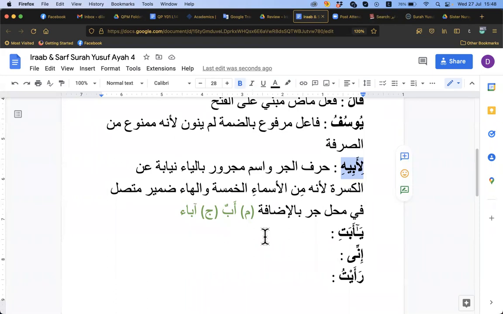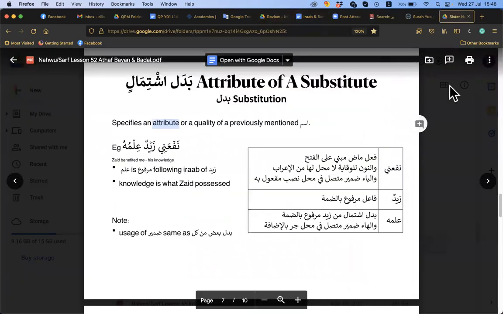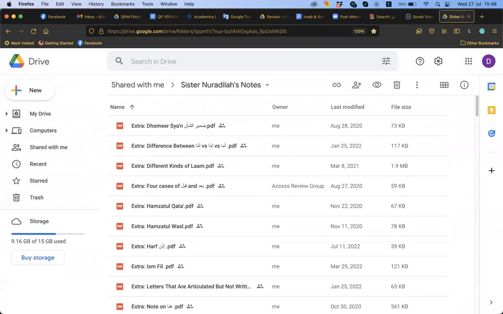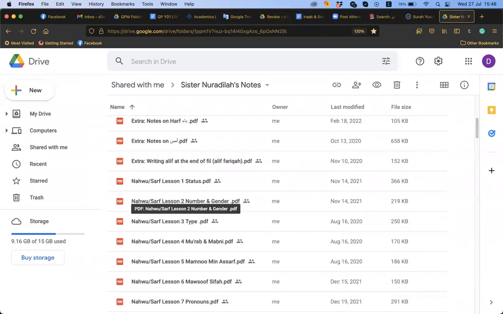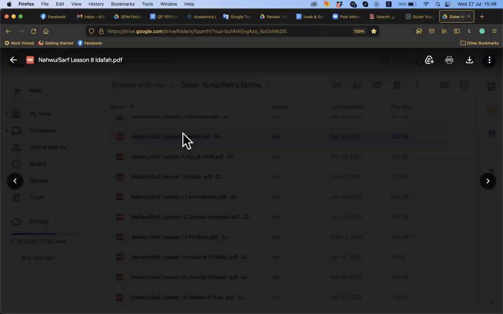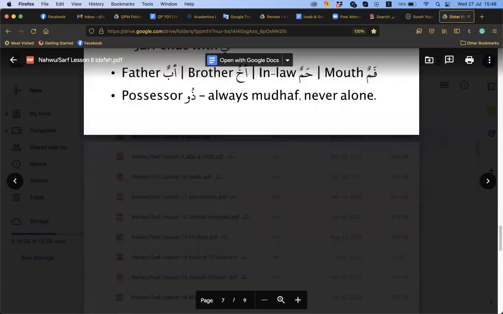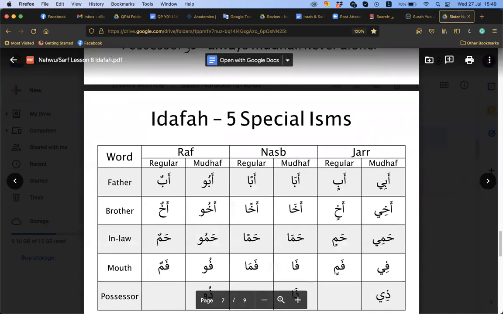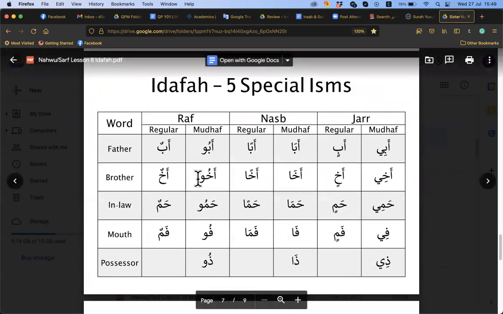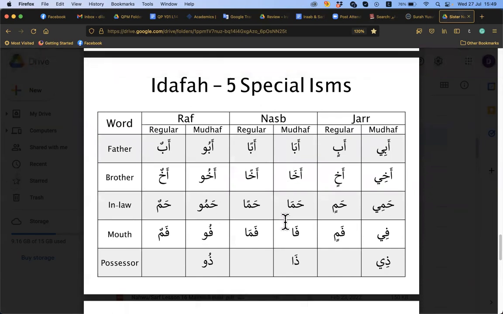I just want to ask something very basic. Asma'ul khamsa, I can't remember what that is. Asma'ul khamsa: khamsa means five special isms under the topic of idafah. When they become mudaf, they end with an alif for nasab and a ya for jar.